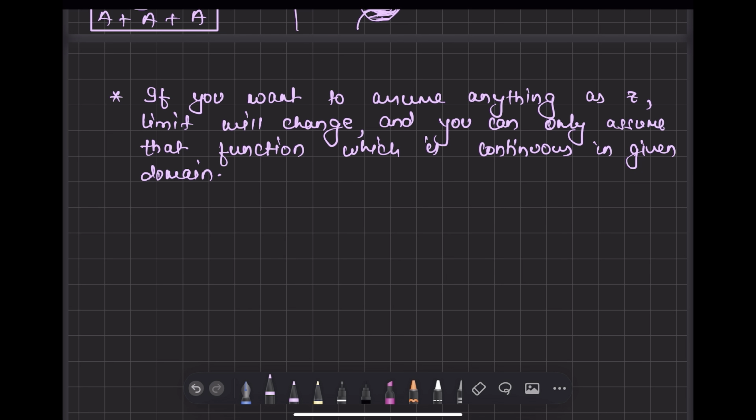I will take so many illustrations in this part, and then I want you to digest this fact. So suppose that what you have to take care of, if you will take anything as z, first your limit will change. Second, you can only take those things as z which are continuous in the given limit or given domain. I hope this idea is clear to you guys.